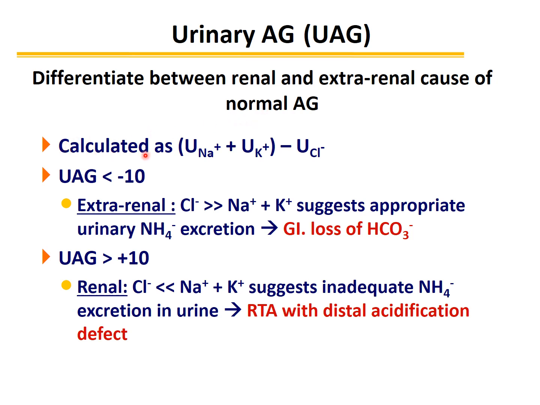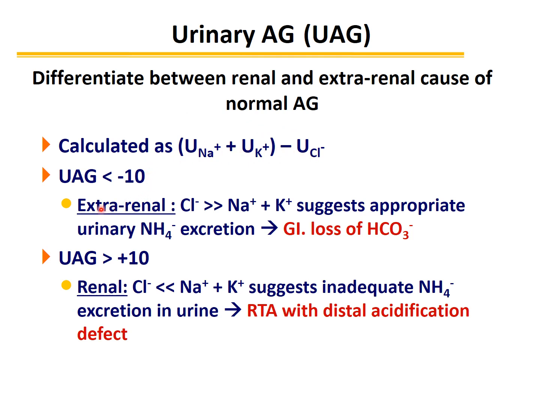Let's see how we calculate the urinary anion gap. Very similarly to the serum anion gap, electroneutrality has to be here as well. So all the positive cations and the negative anions should be the same. We cannot measure them all, but the most common cations are sodium and potassium, and the anion is chloride, so we take the difference between these.